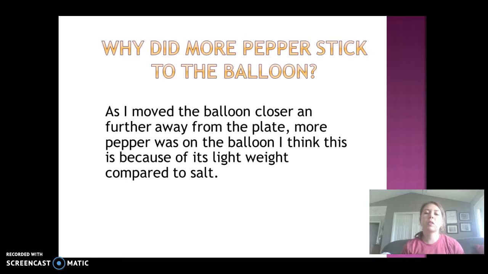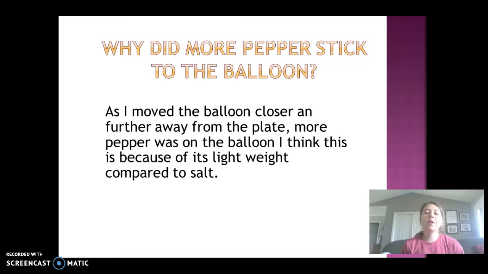Why did more pepper stick to the balloon? As I was doing this experiment, I played around with it a little bit. The closer I moved the balloon to the plate, the more salt was attracted to the balloon. But the further I moved it away from the plate, the more pepper was attracted to the balloon.